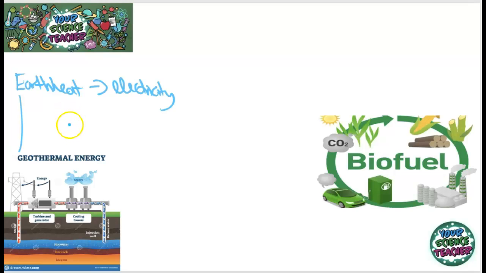It's really, really good. In fact, in Iceland, they get nearly 80% of their electricity from geothermal energy. And the way it works is you just drill down into the hotter parts of the Earth, the upper mantle, and it heats up steam, which turns a turbine and generates electricity, which is fantastic.